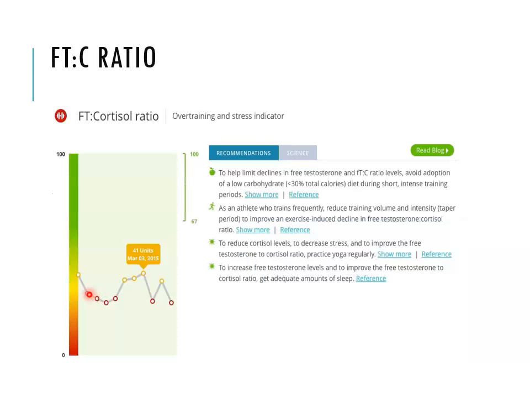A prolonged decrease in TC ratio is associated with the detriments to performance through decreased protein synthesis and increased protein catabolism. A 30% decrease in TC ratio has been suggested as an indicator of insufficient recovery, whereas a value of 0.35 × 10^-3 has been considered to be the threshold of overtraining.